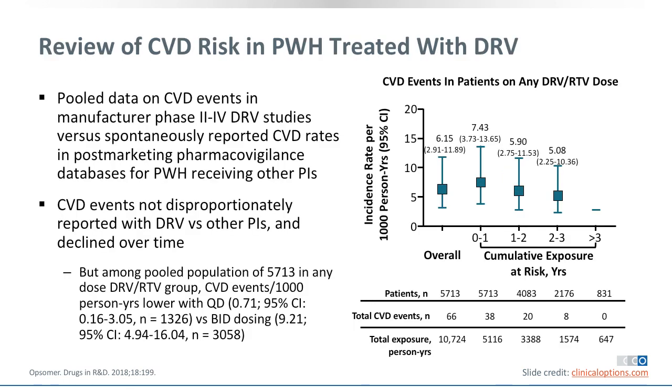Moving on to another analysis, which looked at all of the randomized controlled trials involving darunavir and ritonavir that Janssen had in its databases, and looked at whether there was an increased risk.